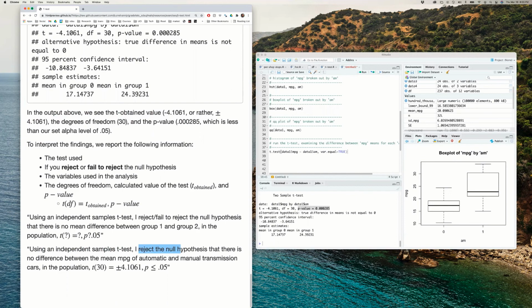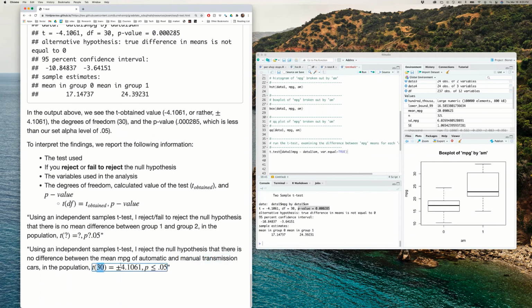Why do we reject? Because p is less than 0.05. That means it's inside the rejection region. If it's less than alpha, it's going to be inside the rejection region. Therefore, we reject the null that there is no difference between the mean MPG of automatic cars and manual transmission cars, in the population.